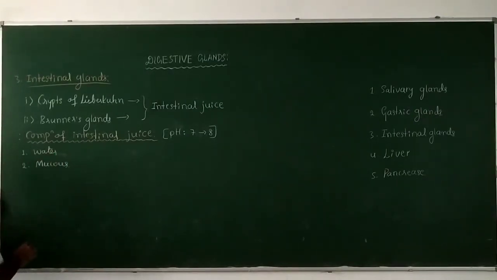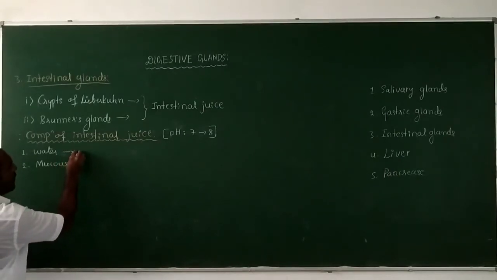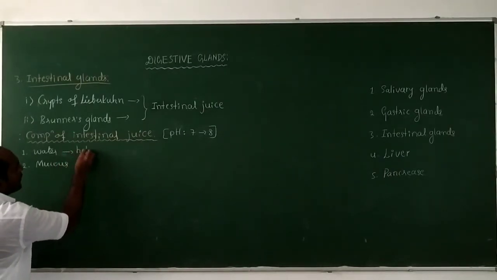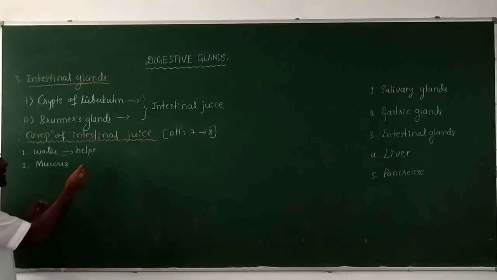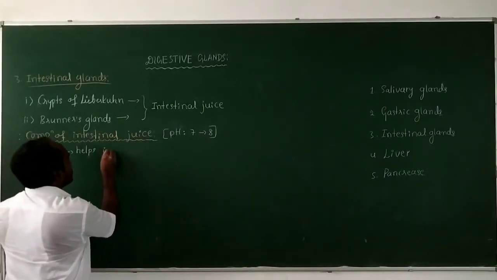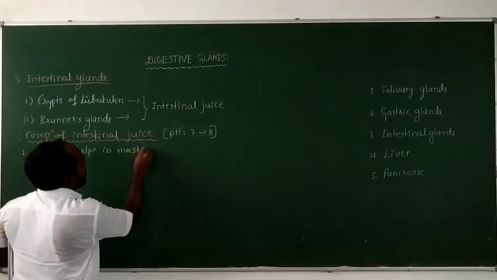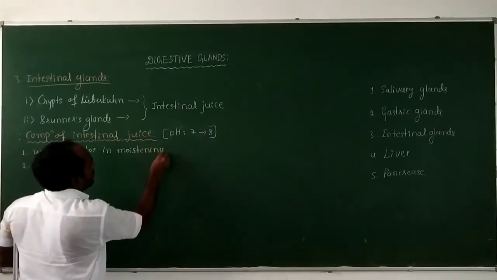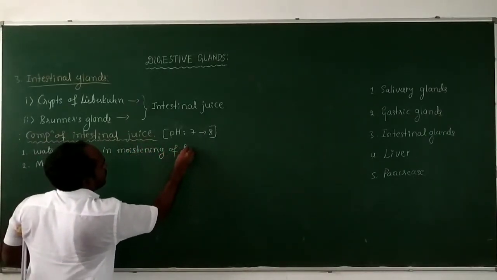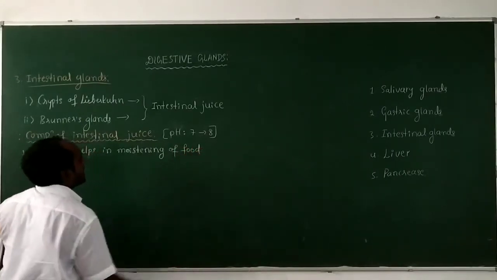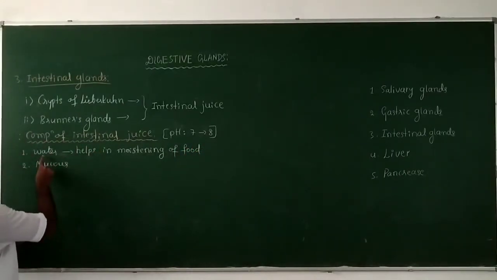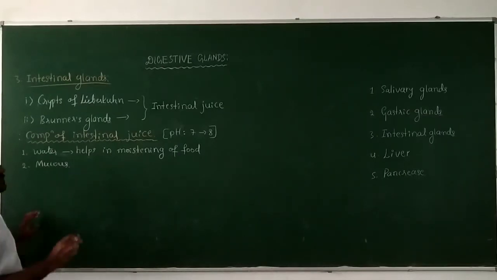Water helps in moistening of the food. Water helps in moistening of food. Food ಅನ್ನ ವೆಟ್ ಮಾಡ್ತದ, ತೇವಾಂಶವನ್ನ ಇದು ಮಾಡ್ತದ. Water helps in moistening of food.